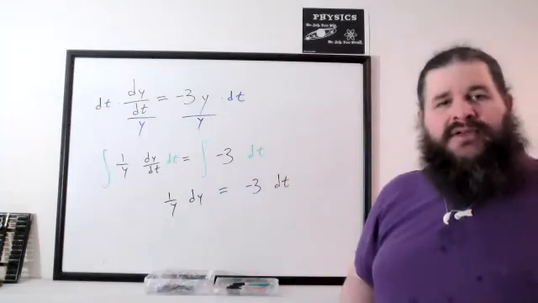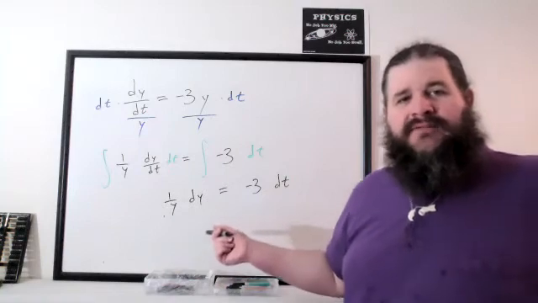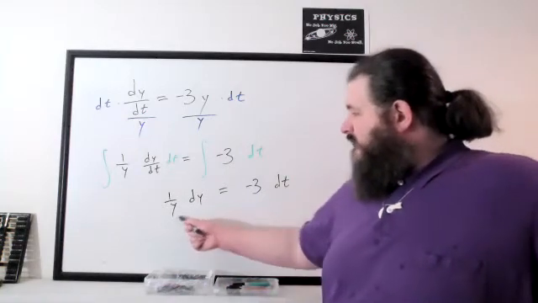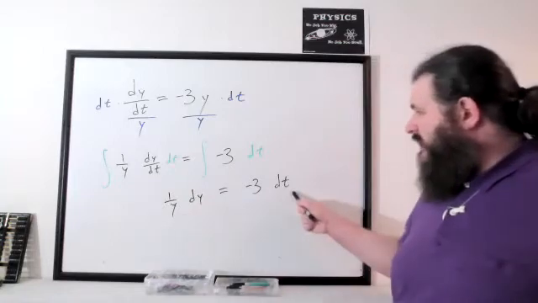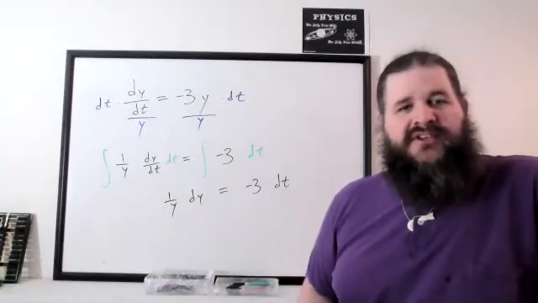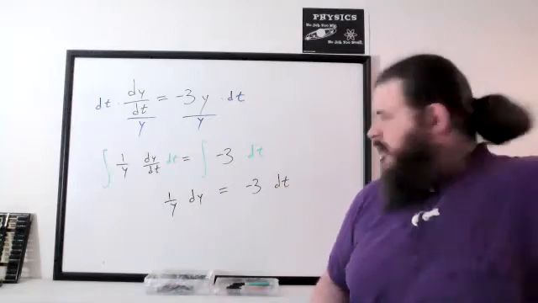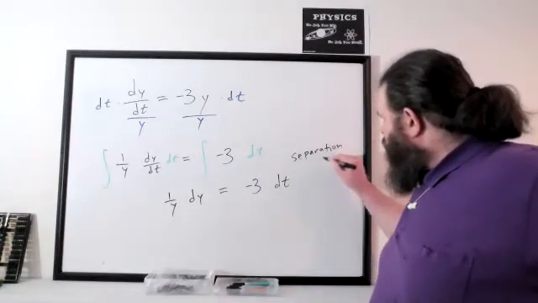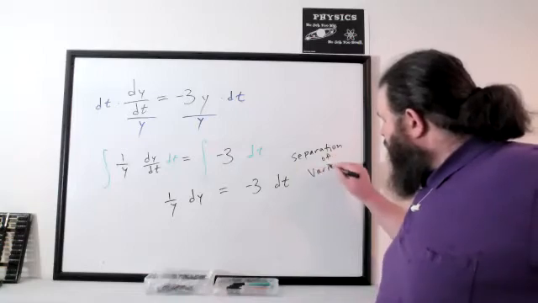And then integrate both sides. This is what we call separating variables. What we've done here is we've split up the variables so we have just y on one side and just t on the other side, and possibly some constants on both sides. But once we've separated the variables, now we can actually integrate.